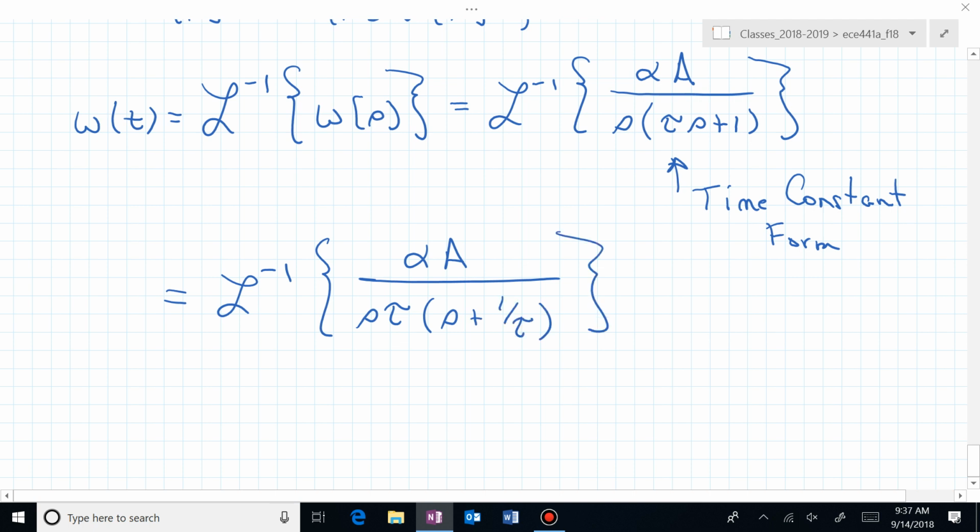And now you can see the relationship between the pole and the time constant. They're reciprocally related.